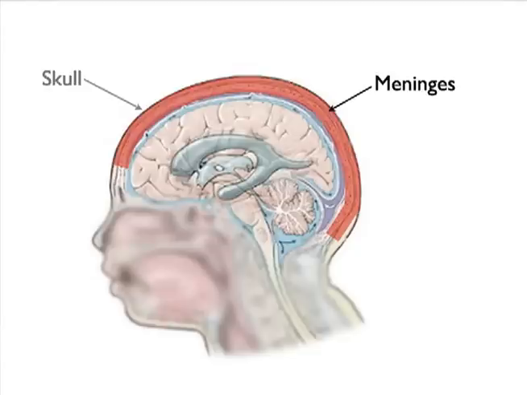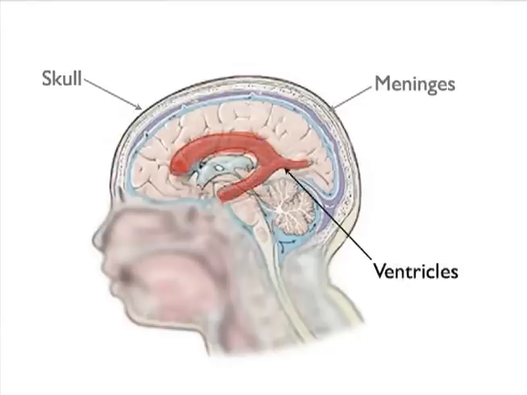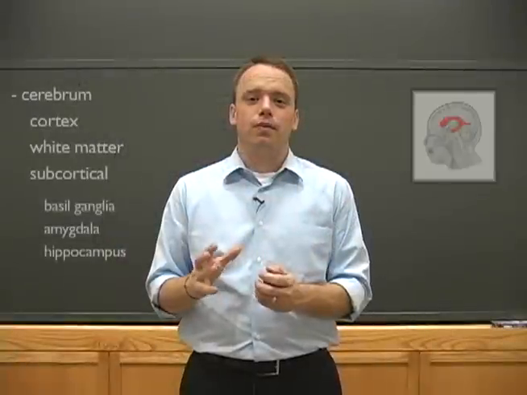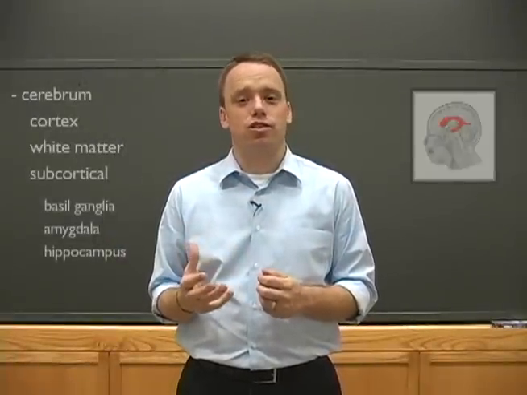A third way that the brain is protected is that it is bathed in cerebrospinal fluid. Now, this fluid circulates through vast cavities called ventricles that are deep inside the brain. These ventricles both cushion the brain against blows from outside, but also allow the brain to float. Now, let me say a little bit about that. Recall that the brain doesn't have a lot of internal structure.